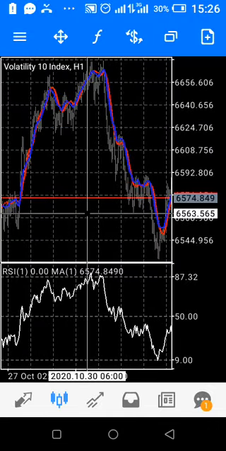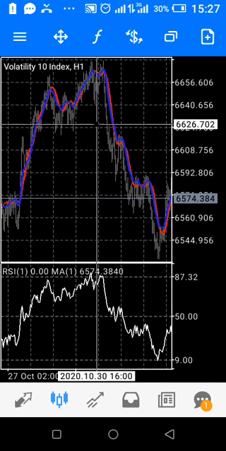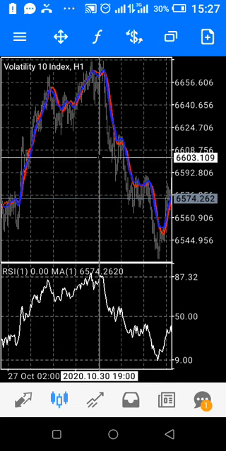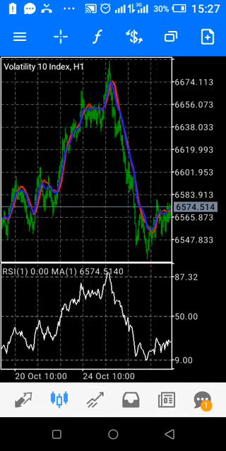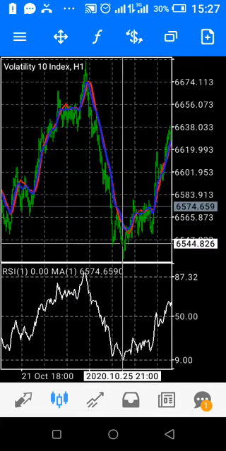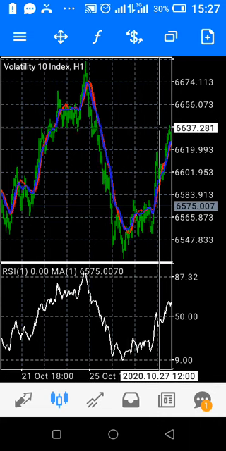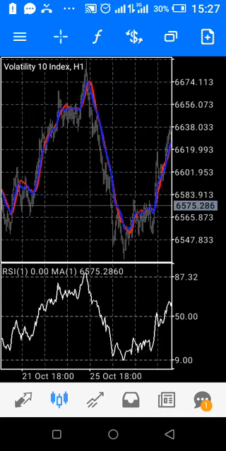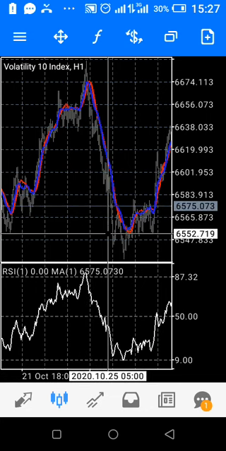See this again, imagine it cuts here, and it's at the overbought region. See the drastic selling. Let's check another one. See, this is another one. Imagine the drastic selling.